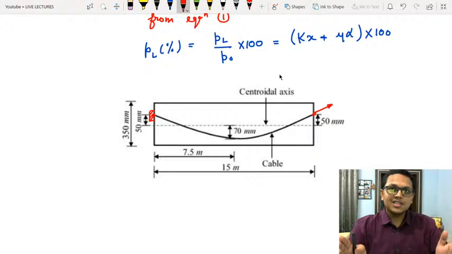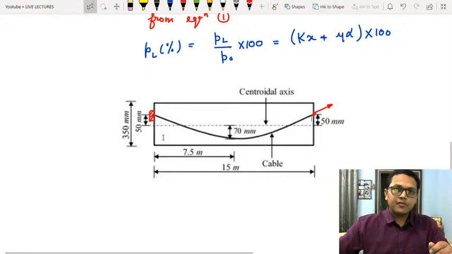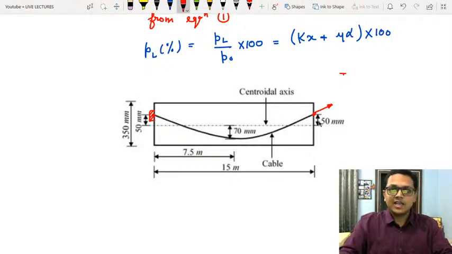Once the concrete section is casted and cured, the steel is embedded into those ducts, and it is fixed at the one end, and then from the other end it is pulled through jacking. It is also known as jacking from one end.